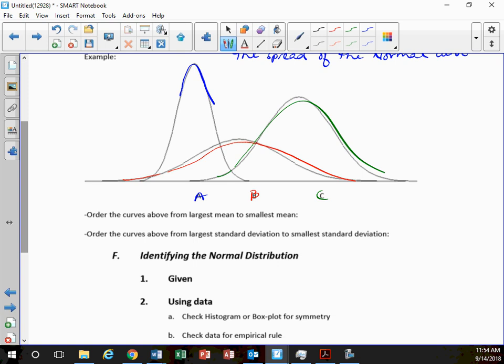All right, largest mean to smallest. Everybody together, what should the order be? CBA. That was definitely everyone together there, right? CBA, okay? And then talking about our standard deviation, largest spread to the smallest. What should the order be? CCA, good. Make sense? Okay.